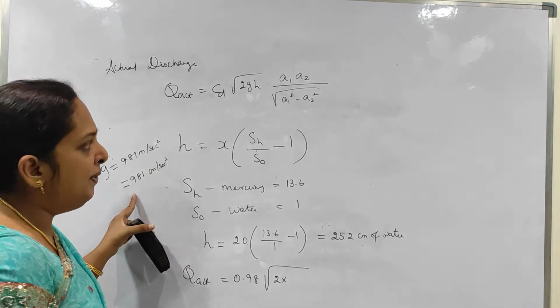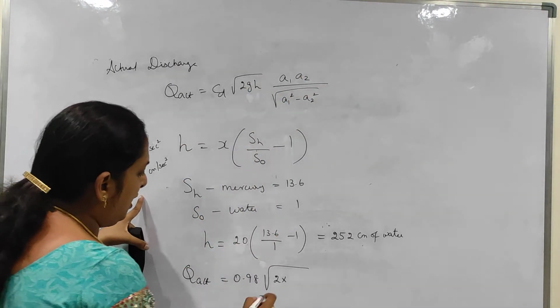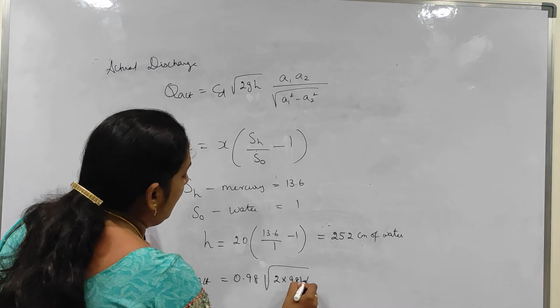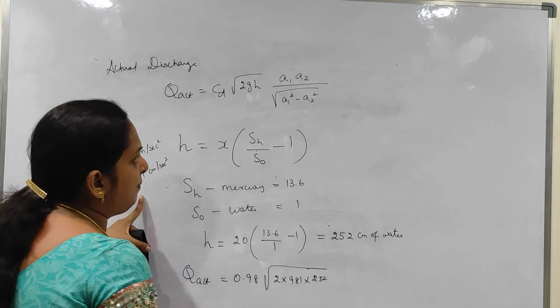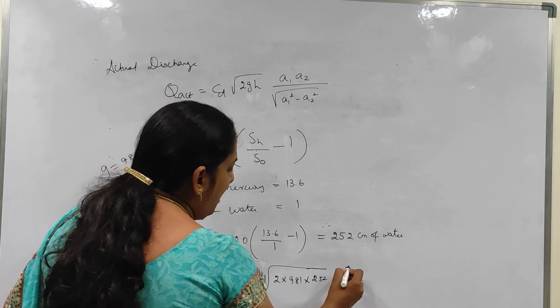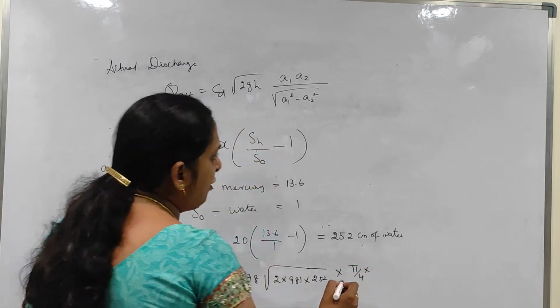Why do we convert here? Because every other quantity is in centimeters. So 2 into 981 into H, which is 252, also in centimeters, into A1 and A2. We know A1 is pi by 4 into the diameter of the pipe.